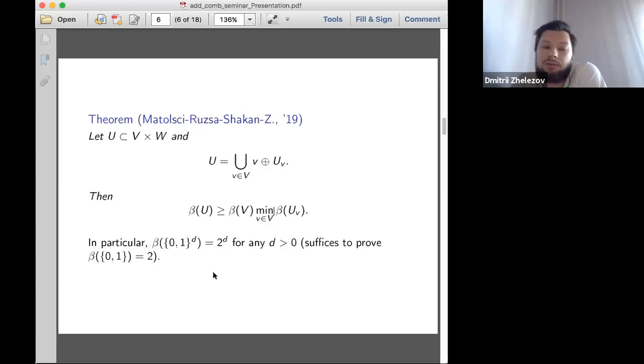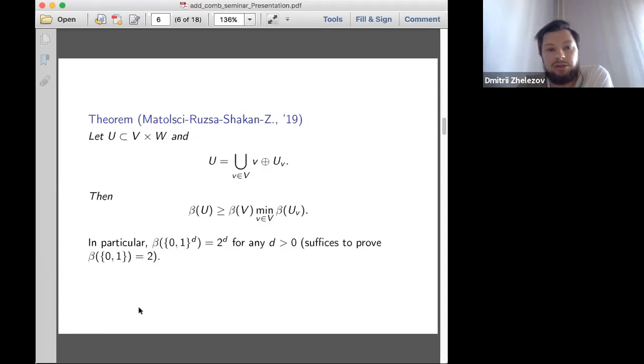And it gives you a rather flexible way to prove this kind of result, not only for hypercubes, but for a slightly more generalized family of sets, because here you just need that all the slices have the same beta.